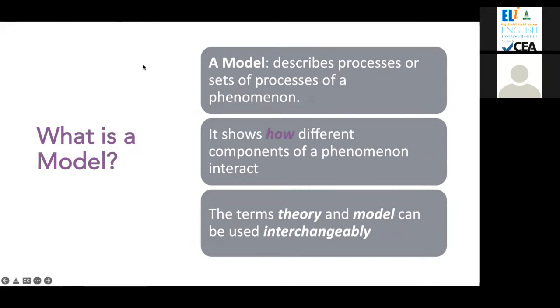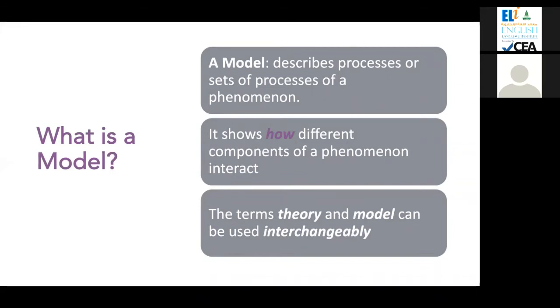Now, theory answers the question why something happens. A model is related to theory, but it's different in nature in that it answers the question how: how different components of a phenomenon interact, for example. So usually a model is used to describe a process or a set of processes of a phenomenon. Now in research, these terms, theory and model, are used interchangeably.